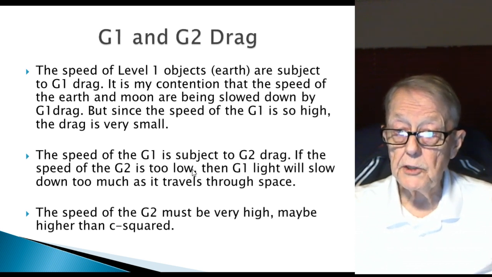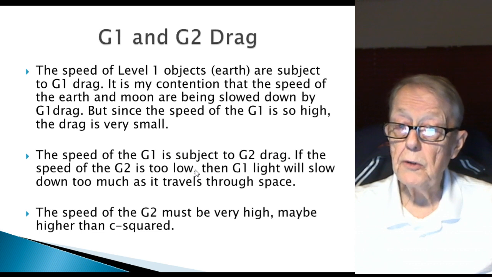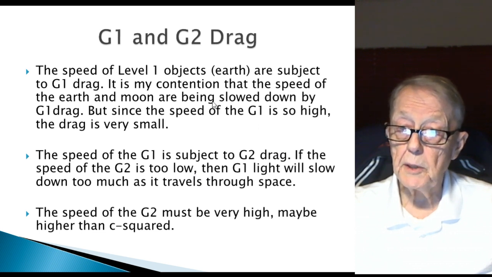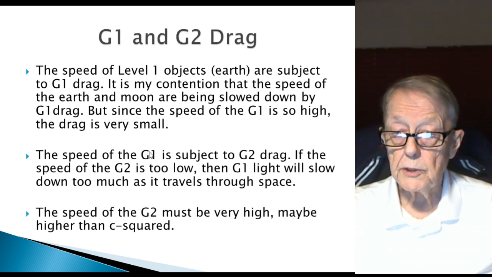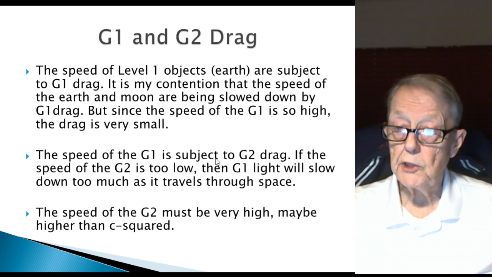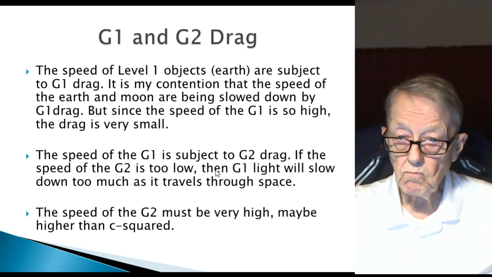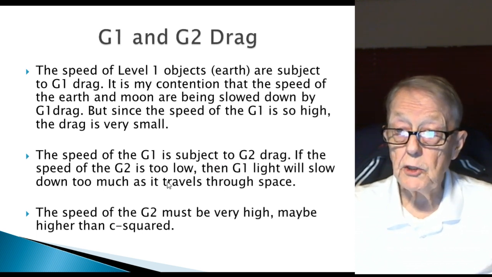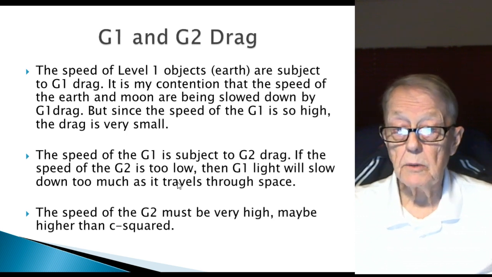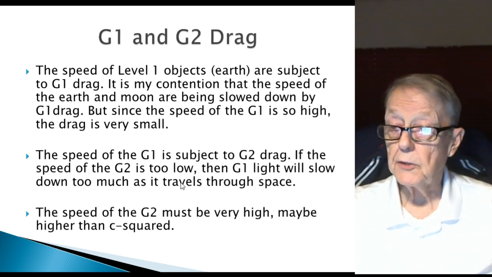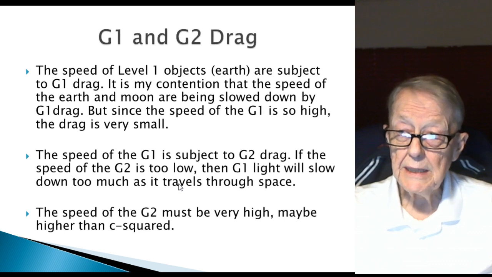The speed of the G1 is subject to G2 drag. Now, that was the motion of the Earth or the Moon. Now I'm talking about the speed of the G1, and it's subject to G2 drag. If the speed of the G2 is too low, then the G1 light will slow down too much as it travels through space.